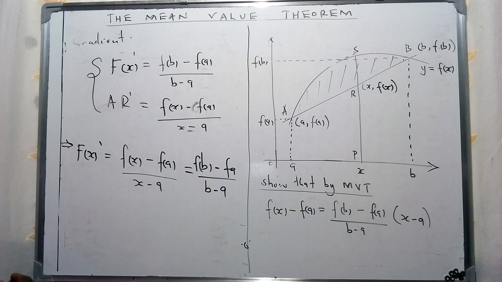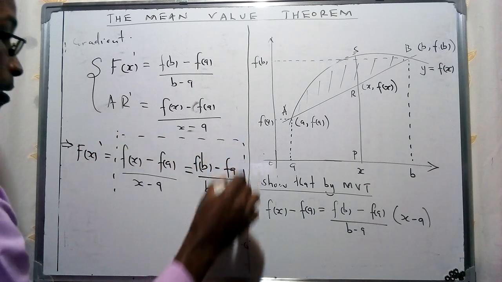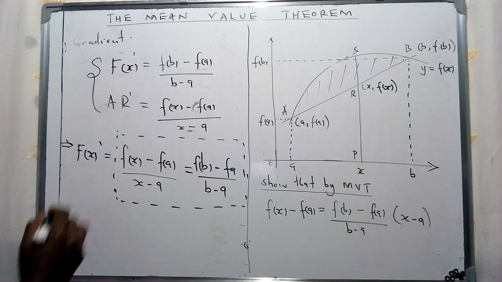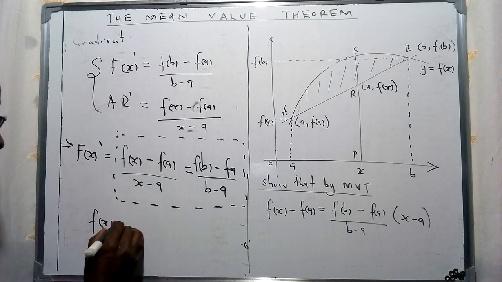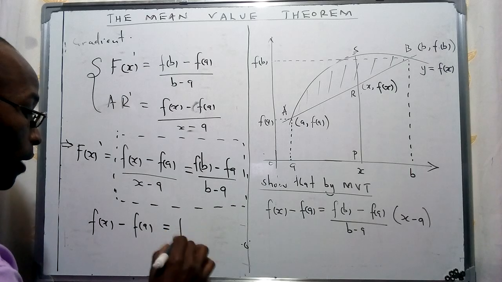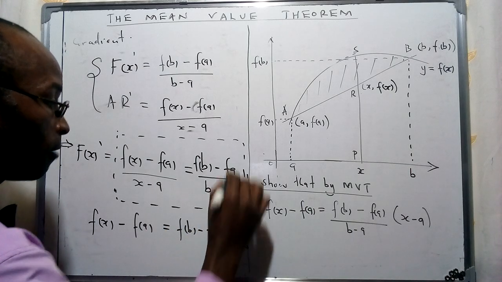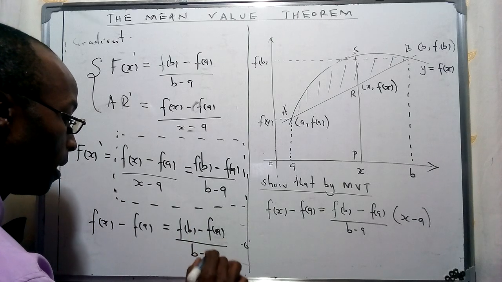So in this case, we consider this relationship which I've just given on the board, whereby we can rearrange this formula. We have f(x) minus f(a) over x minus a equivalent to f(b) minus f(a) all over b minus a.